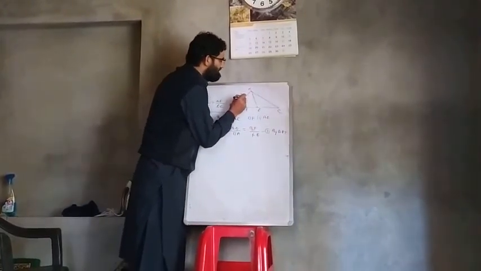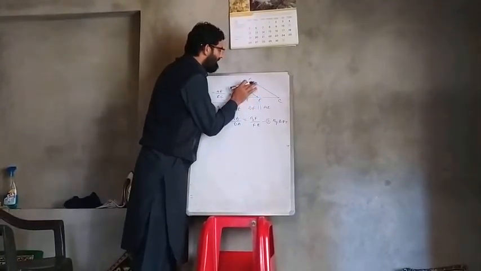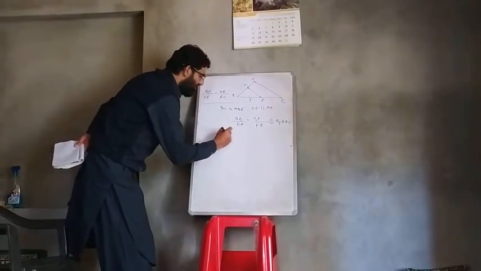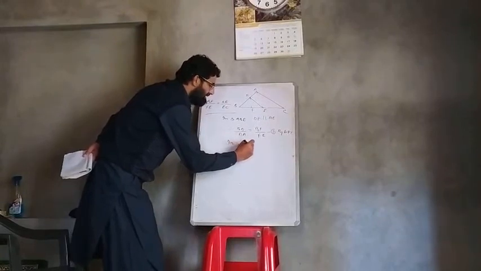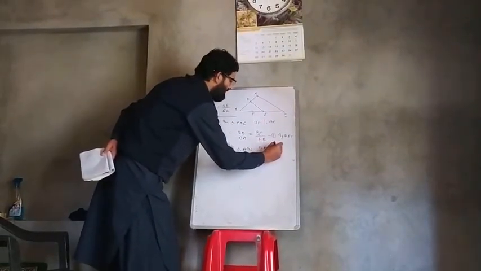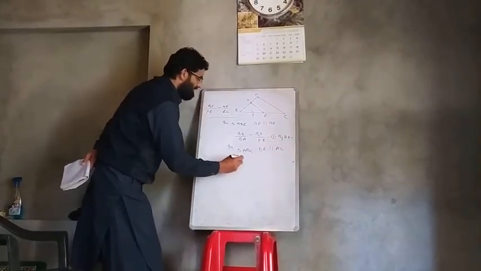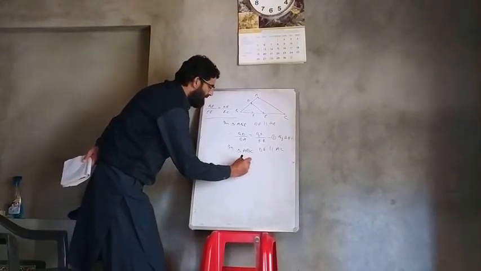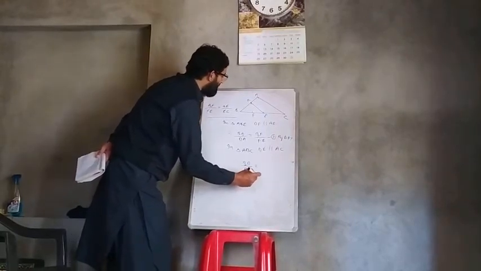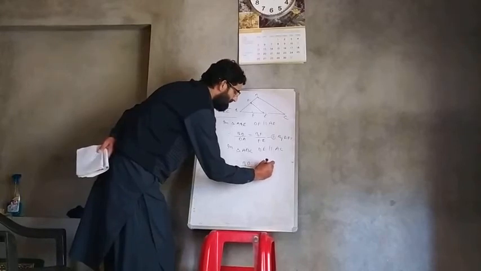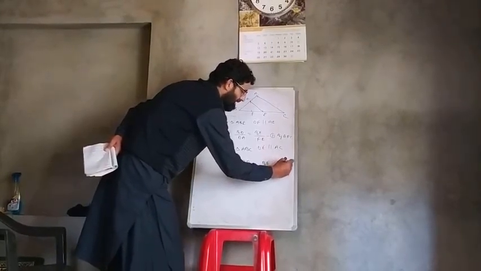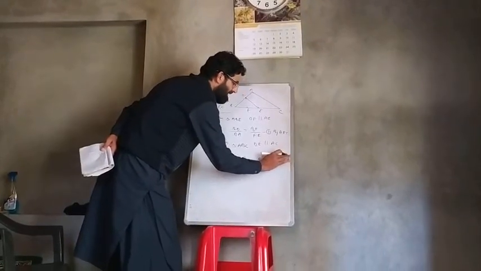Now let's join this line segment and take the whole triangle. In triangle ABC, this time DE is parallel to AC. Therefore, BD divided by DA is equal to BE divided by EC. Name this equation second by BPT, by Thales theorem.